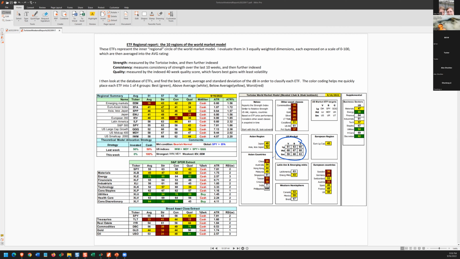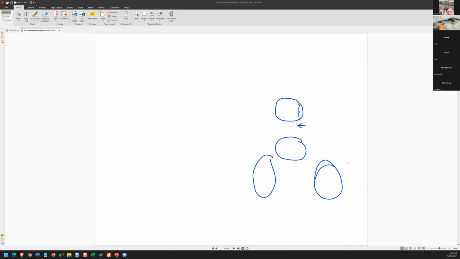The rest of the other regions are getting smoked. Even the other asset classes, no love in here for precious metals or commodities, or even real estate got murdered. It's in the white, but it was not a good week for real estate either. Cash is looking like king.